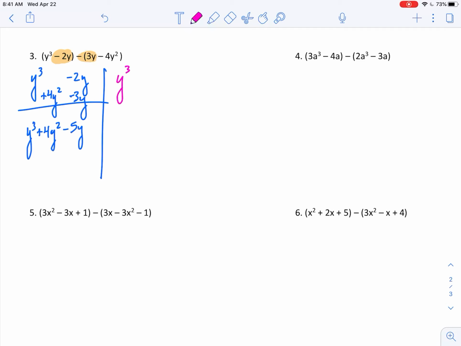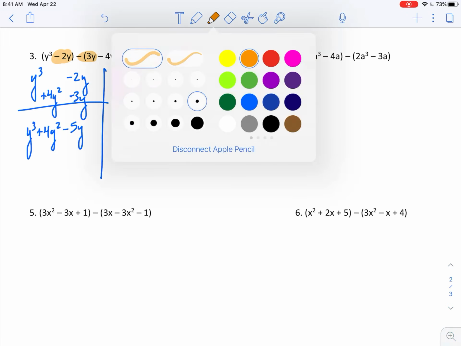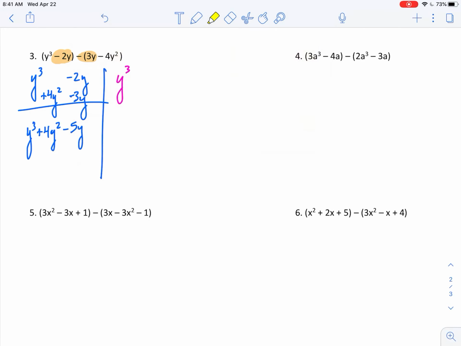You could also think of this as, let's check out our like terms. Y cubed, no other like terms. Here I've got a negative 2y and a minus 3y.